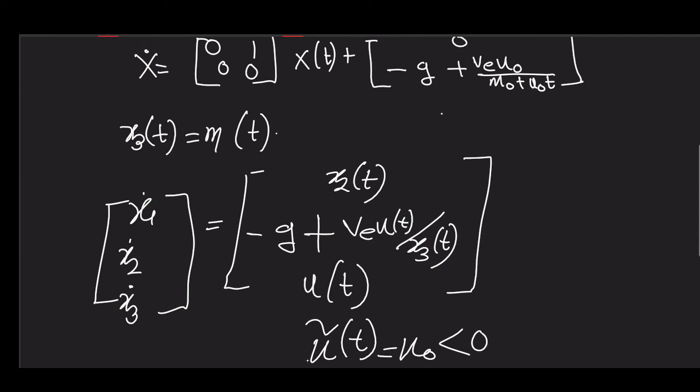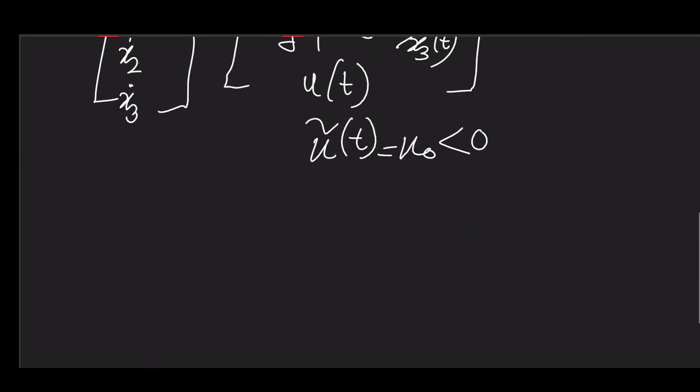And why u naught should be less than 0, that I have already discussed. So once you have this one, you will have the nominal trajectory, which is not difficult, and just by integration you can calculate it.